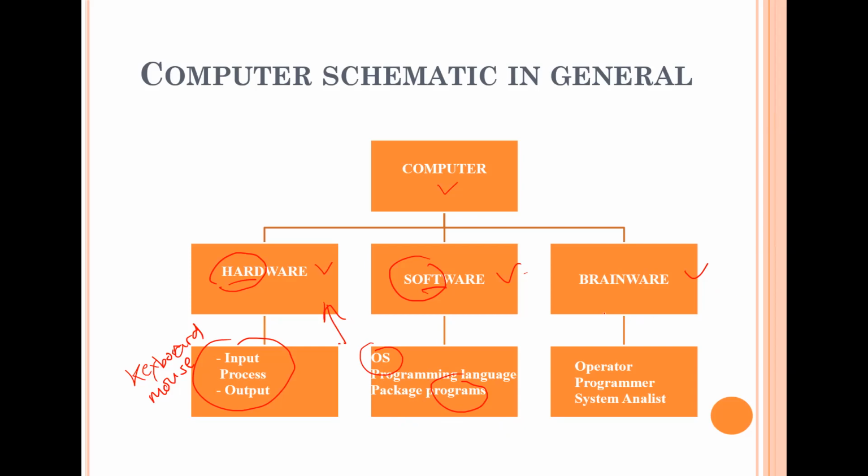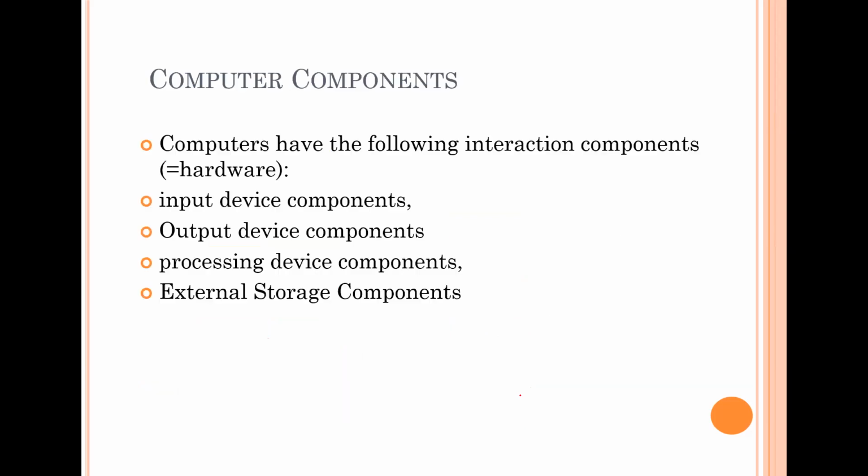And then the next component is the brainware. The brainware here is related to the one who uses these elements. He can be an operator or programmer or system analyst. Someone who also helps these components to be developed. It can be called brainware.